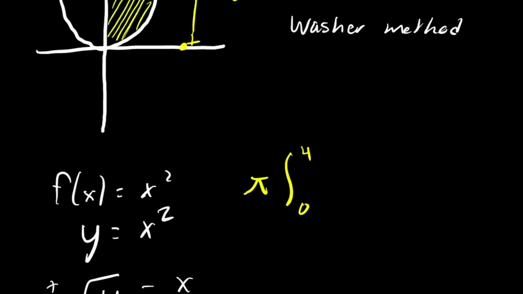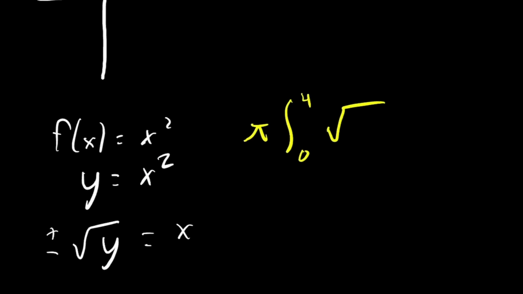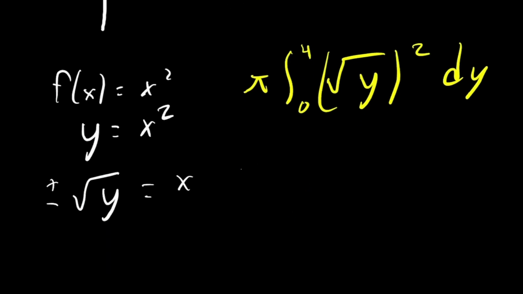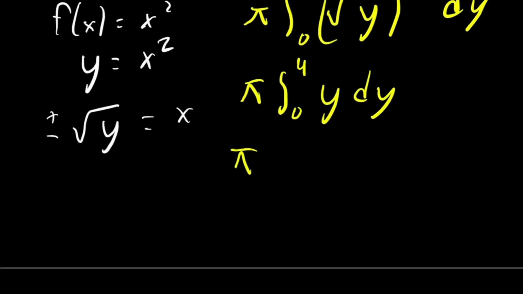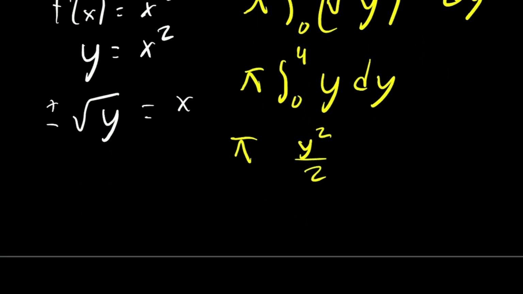All right, so now we have our function in terms of y. So we have root y, and we're still squaring it, dy. So we have pi times, going through this step by step, y dy, and the integral of y dy is just y squared over 2.